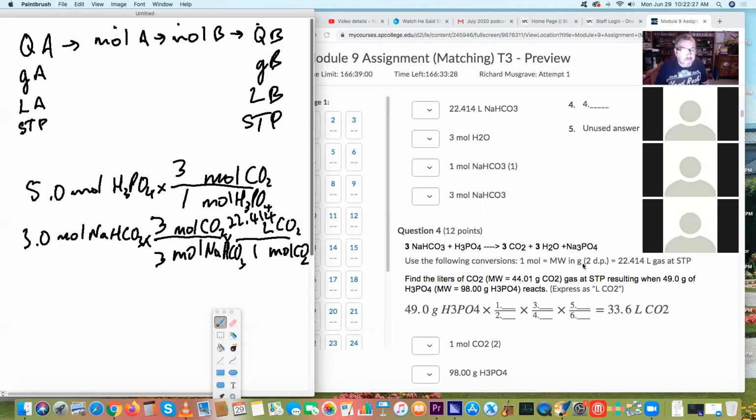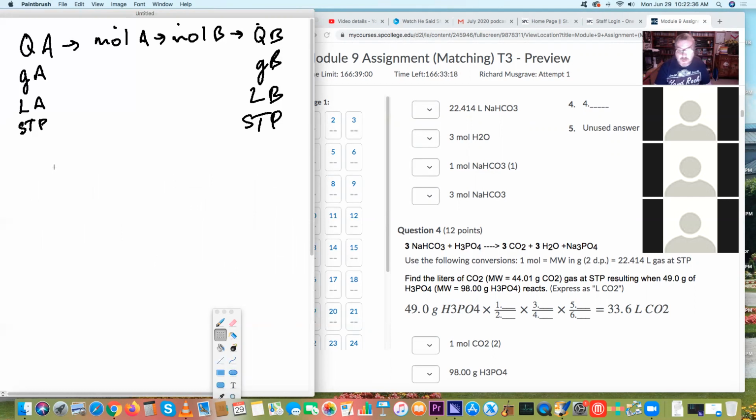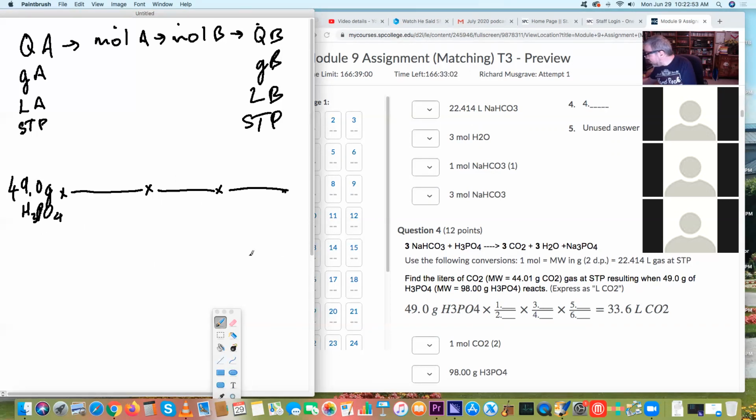So for this one, we're going to be starting out with 49.0 grams of H3PO4. And we'll end up with liters of CO2 at the end, in this case, 33.6 liters of CO2. We're actually given that.